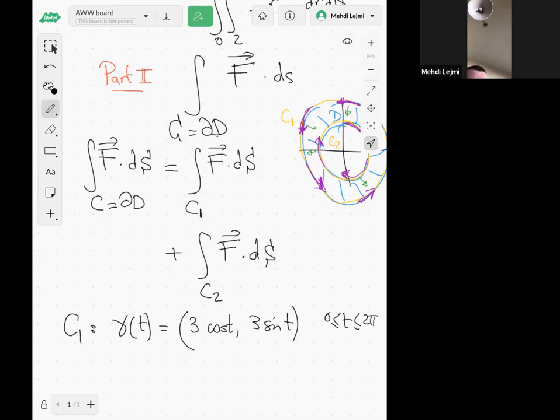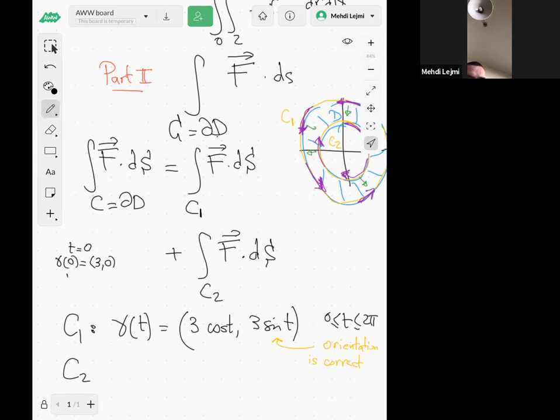And C2. Okay, here, guys, you can check that this is the right parameterization, because it induces the required orientation. As you can see, for example, when t is 0, gamma of 0 is (3, 0).